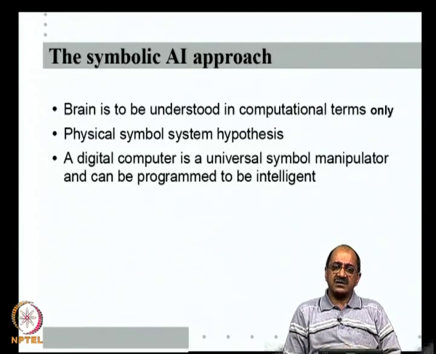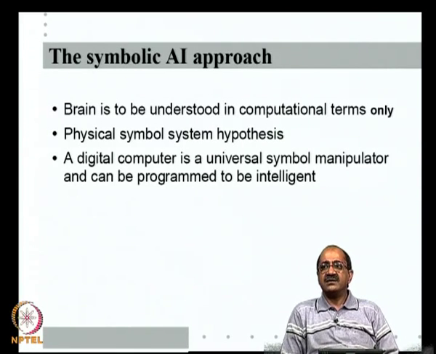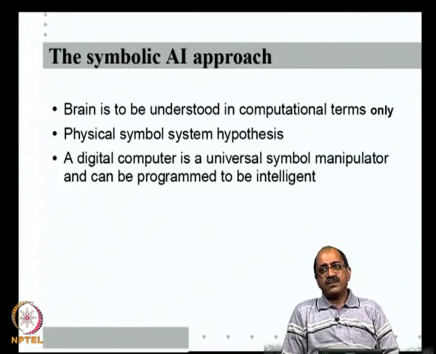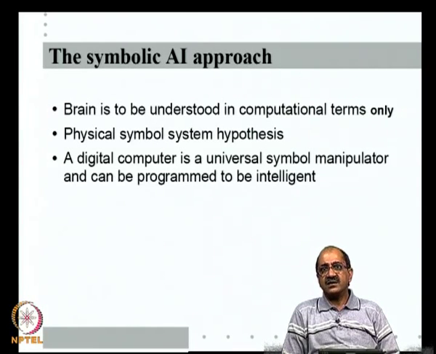Since a digital computer is a universal symbol manipulator, it can in principle be programmed to be intelligent. That a digital computer's architecture is vastly different from the brain's architecture is really irrelevant, because the brain is one kind of physical system that can represent abstract symbols, and the digital computer is another kind.